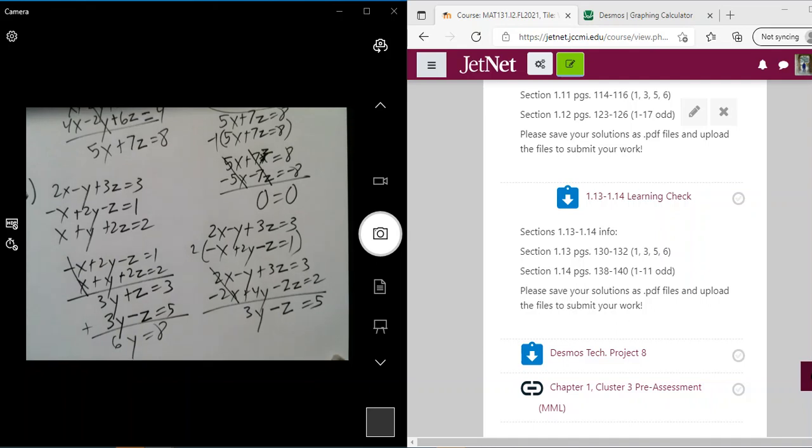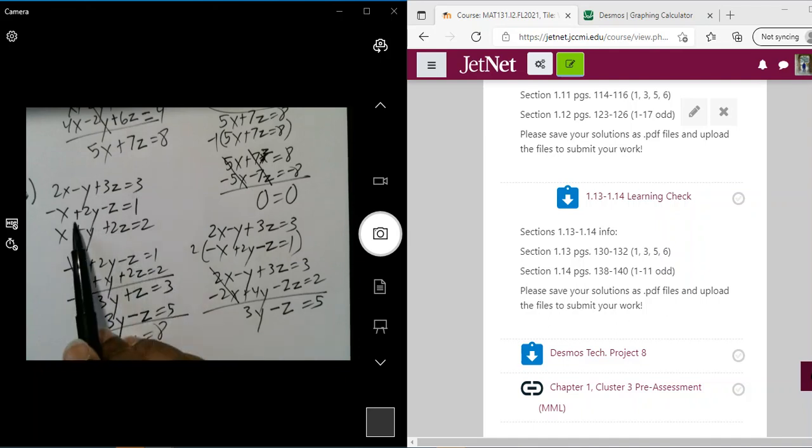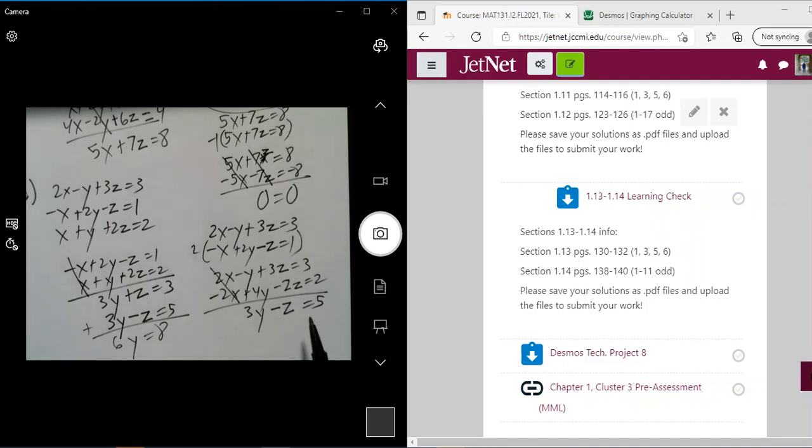Hold on one second. Let me make sure that I wrote everything out correctly. x plus y plus 2z. Okay, class, I made a little error earlier on right here with the 3z minus 2z.